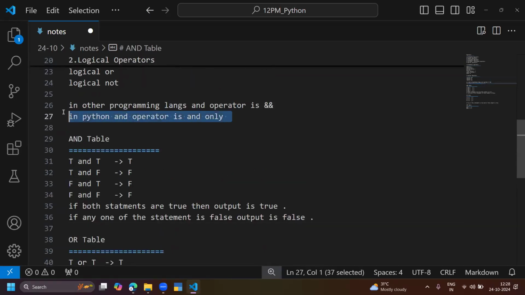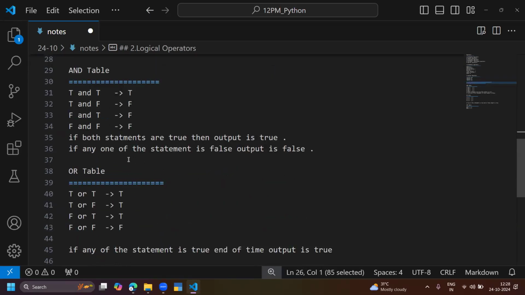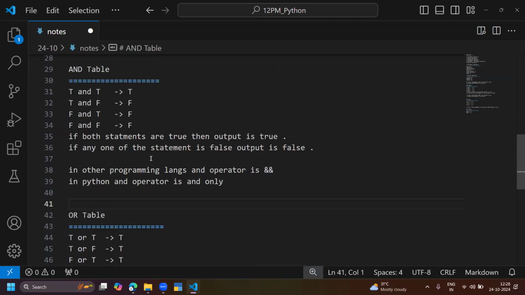In other programming languages, the OR operator is the double pipe symbol. So where is the pipe symbol on the laptop? Okay, maybe this one. But in Python, the OR operator is "or" only.